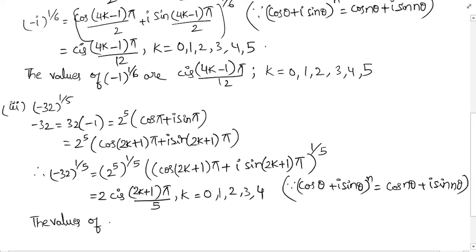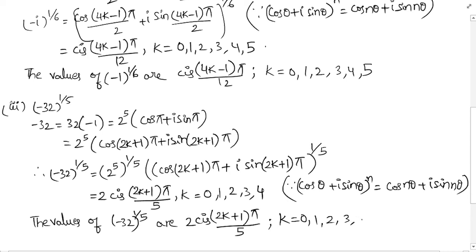So the values of minus 32 to the power 1 by 5 are 2 cis of 2k plus 1 pi by 5, where k is equal to 0, 1, 2, 3 and 4. Okay.